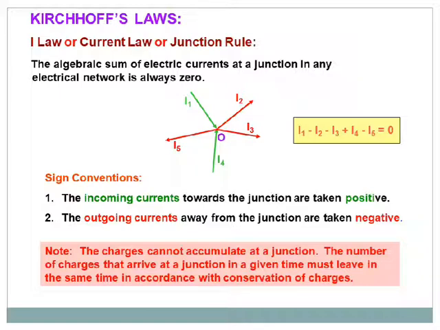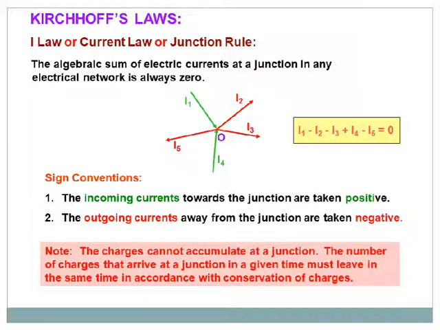There are two sign conventions. First, the currents towards the junction are taken as positive. The incoming currents towards the junction are taken as positive. In the diagram, the green ones, I1 and I4, are the incoming currents coming towards the junction.